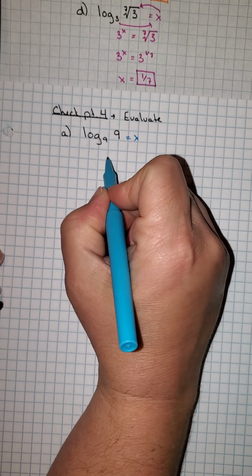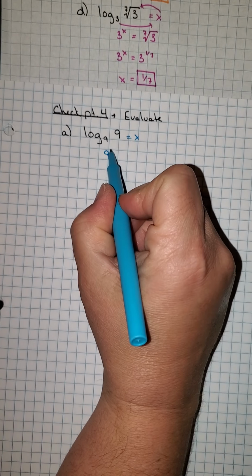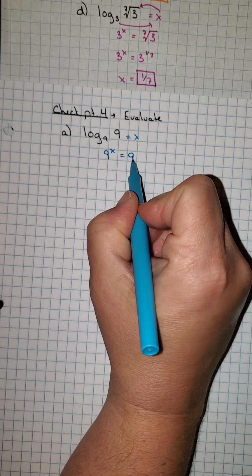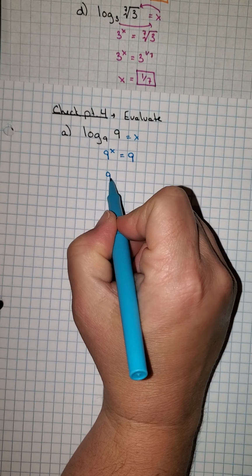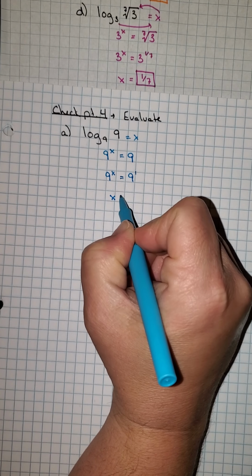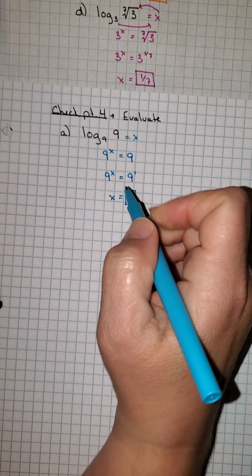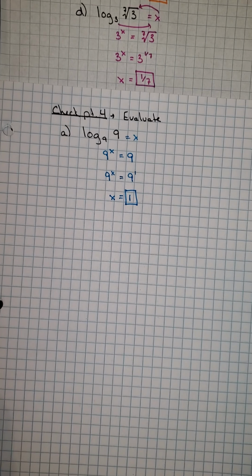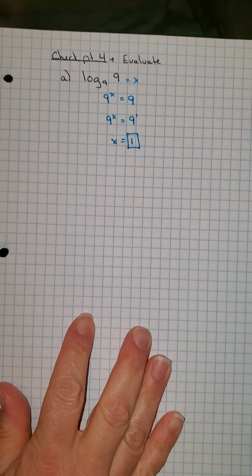When we get into 4.3, you're not going to be able to do this writing it out thing anymore, but for now, in these notes I will. So 9 to the x equals 9 to the 1, so x equals 1. If these two match, the answer is 1, always, because a number to the first power is always itself.